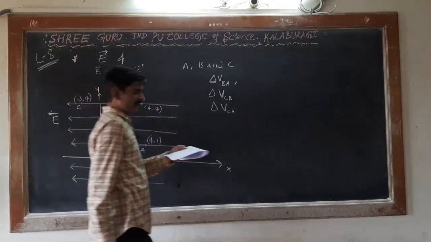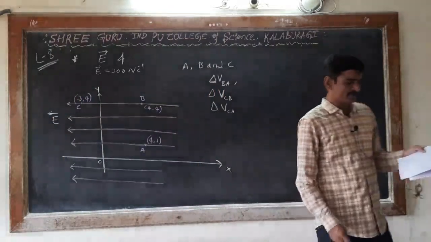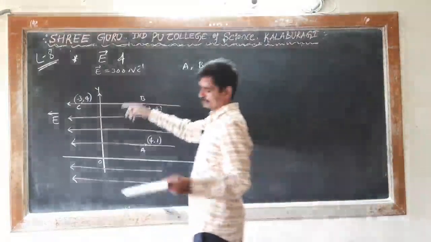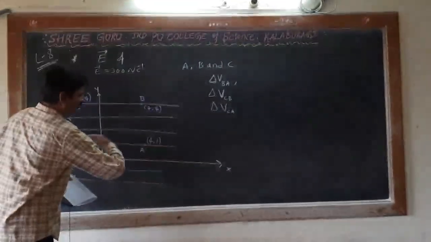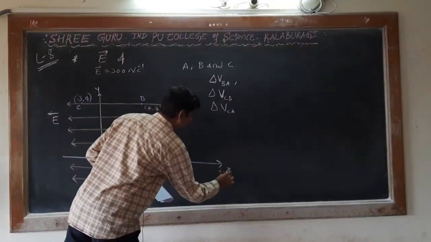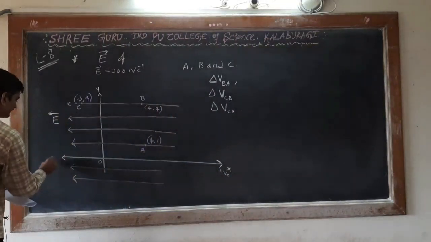See the question. A uniform electric field vector E of 300 Newton per coulomb is directed along the negative x-axis. This is the positive x-axis and this is the negative x-axis.